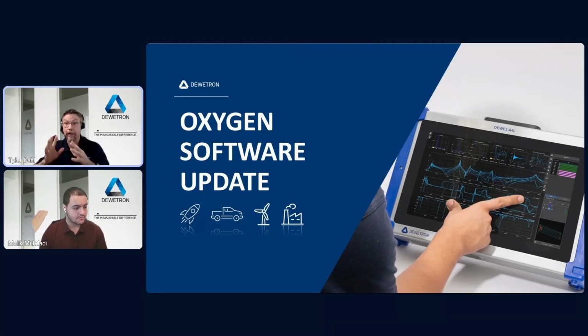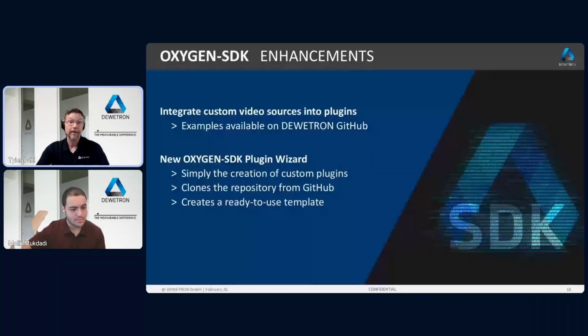That being said, we're going to touch on one more piece about the software that's also really cool. We're going to talk about enhancements that we've made to our SDK. Our SDK is an extremely powerful tool that, in my opinion, is underutilized. Oxygen has a lot of power to it, a lot of features that are directly embedded into it.